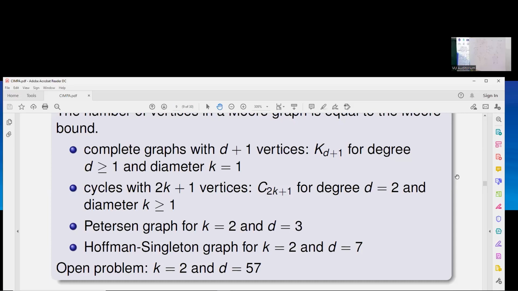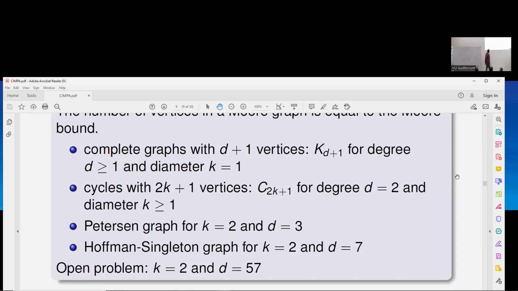And it might be quite surprising. It's proved that for every other combination of d and k, the Moore graph doesn't exist, except for one case, which seems so strange: diameter 2 and degree 57. For this one particular case, it's still unknown if the Moore graph exists.